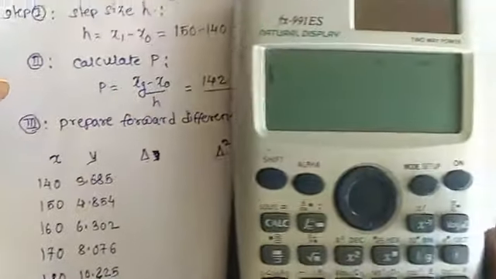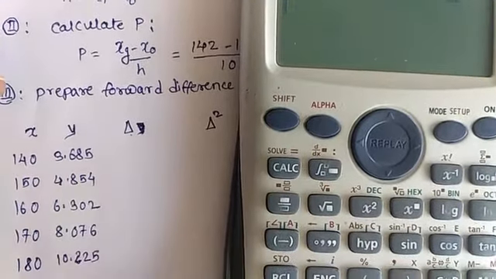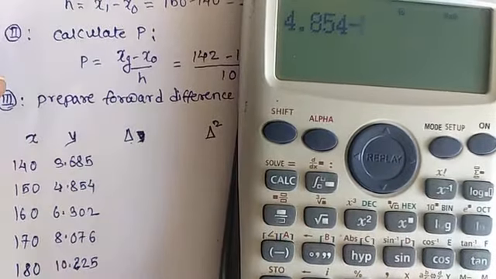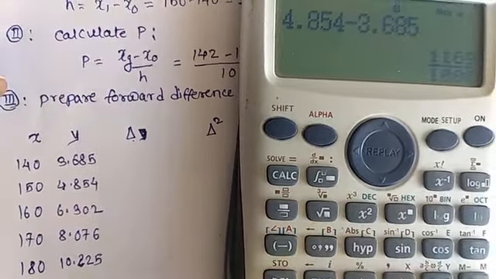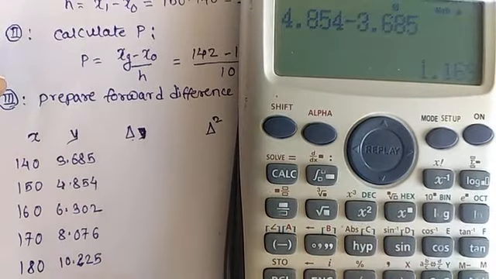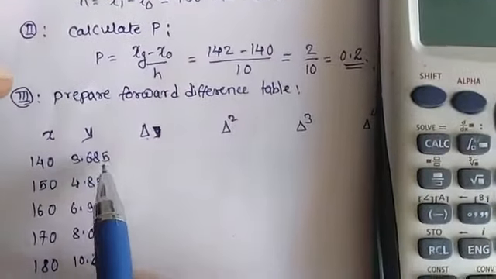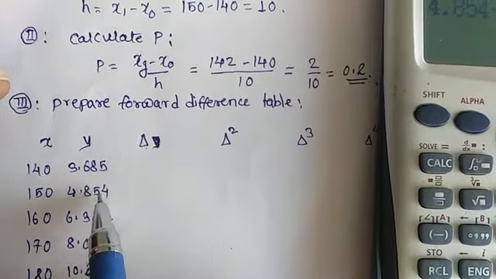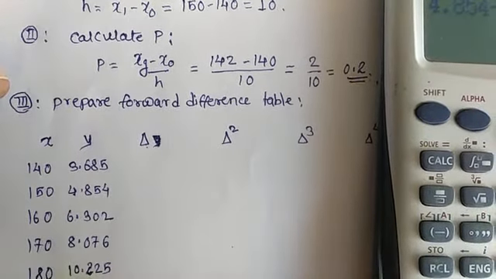If you are using a calculator, you have to subtract 3.685 from 4.854, and its total calculation, in fraction form, converts to 1.169. That means the difference of the first two terms gives us del, and its value is 1.169.